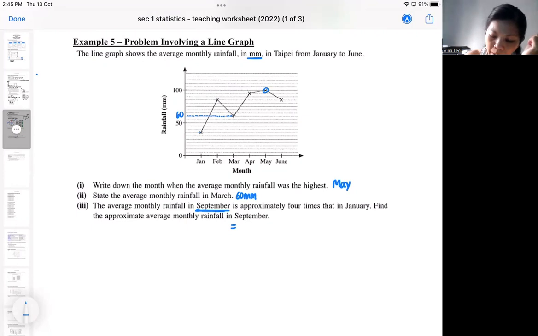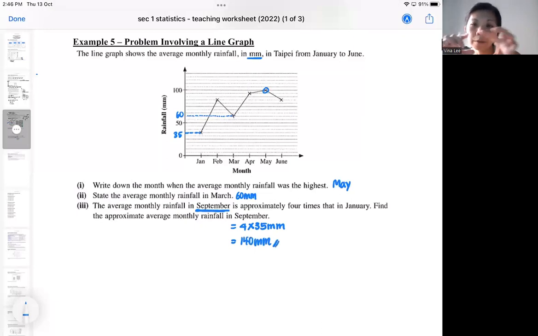I got to read off January first. If you read off the January part, you should get a 35. So that means for September, it will be 4 times 35 mm.